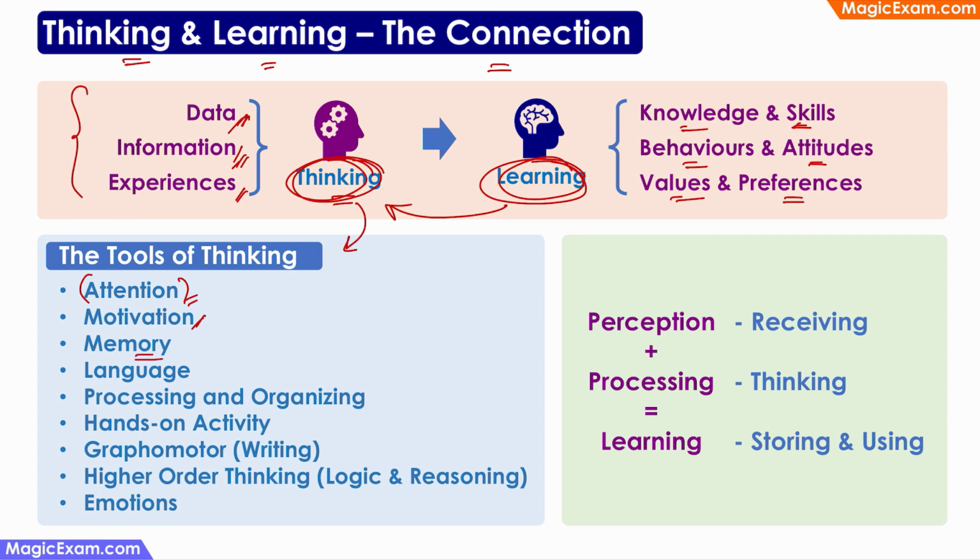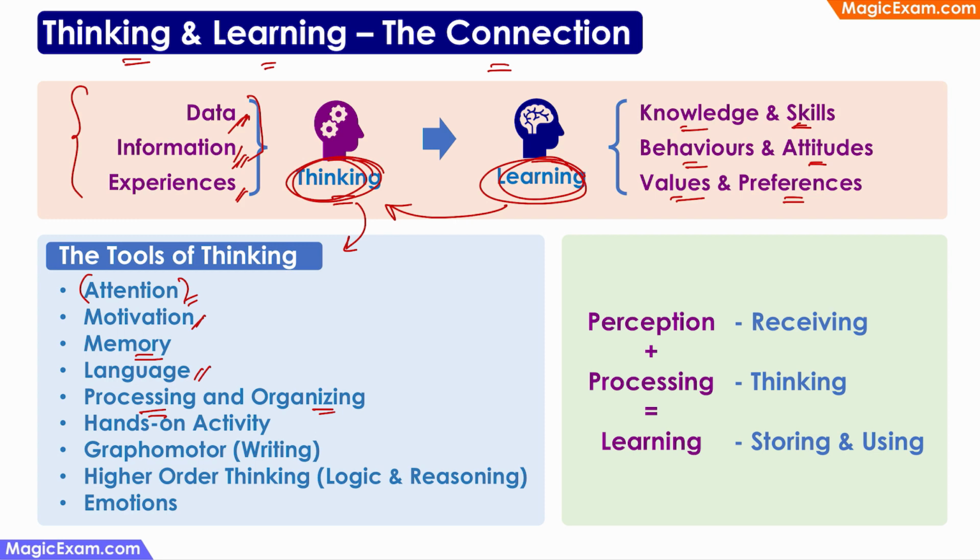We discussed in one of the previous videos that language is also a tool of thinking. So language is the tool that you use to process this data and information in your mind. So language is also a tool of thinking. And after you have processed it, you have to organize this learning, this new information, new experiences. So organizing the new learning in your mind is also very, very important.